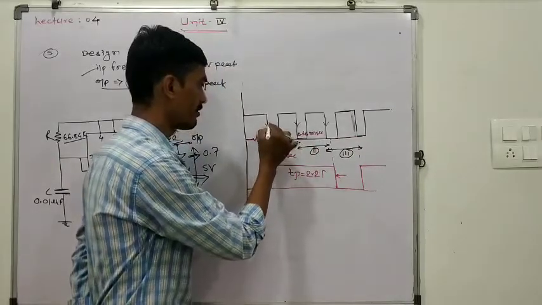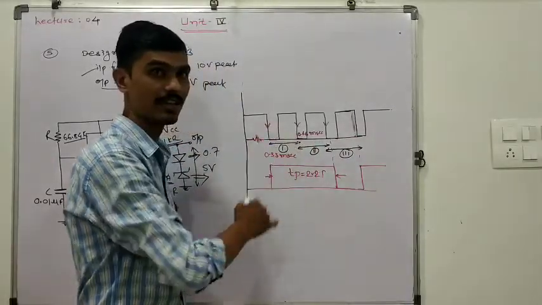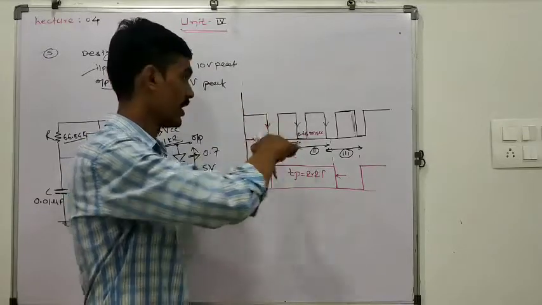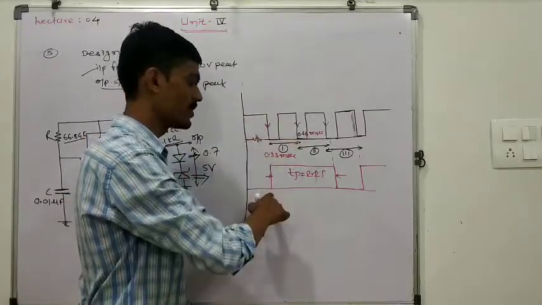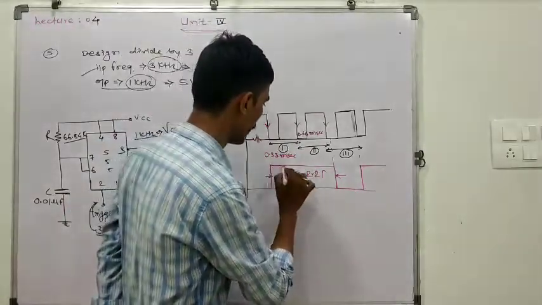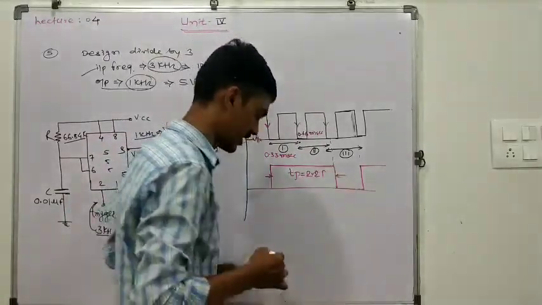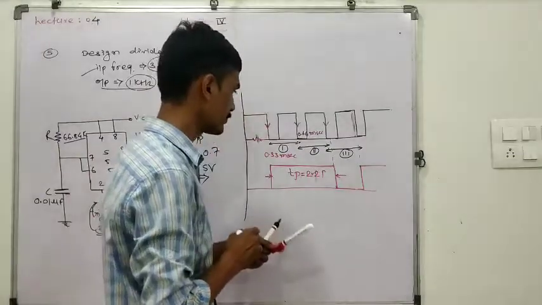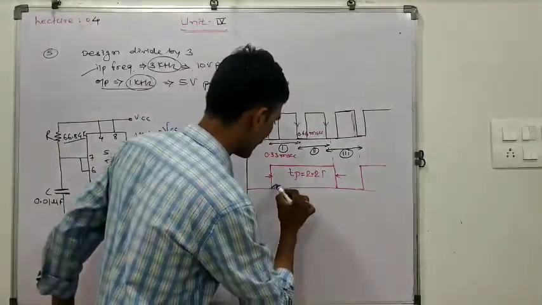Now, whenever we get a triggering pulse here, the capacitor starts charging. It starts charging from the 0th level. So this is the output wave. If you look at the capacitor charging, the capacitor is charging like this.